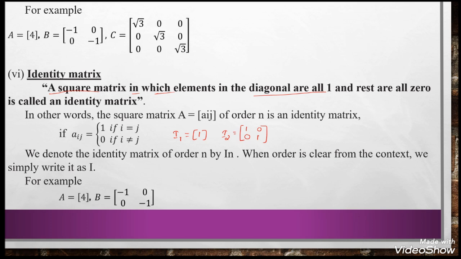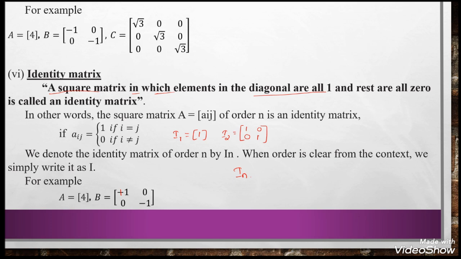Again, I1 represents the identity matrix of order 1. I3 means the identity matrix of order 3. Usually, the identity matrix of order n can be denoted by In. When the order is clear from the context, we simply write it as I. For example, here there are two examples.